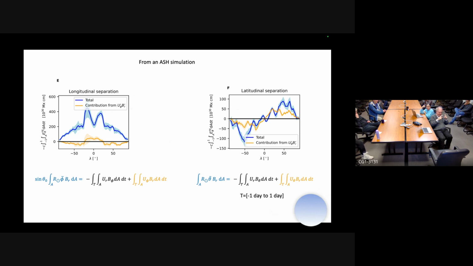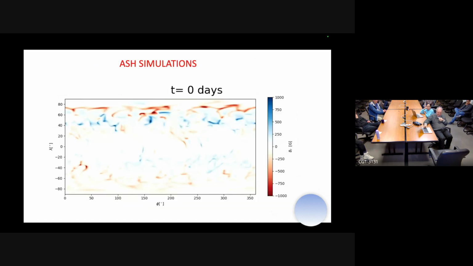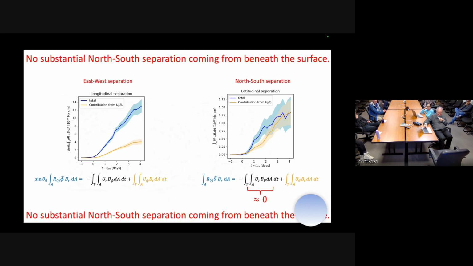This is what Joy's law is telling you. And the observations of the different components are telling you that it's the north-south surface flows carrying the radial field that are producing the separation. I agree with you.